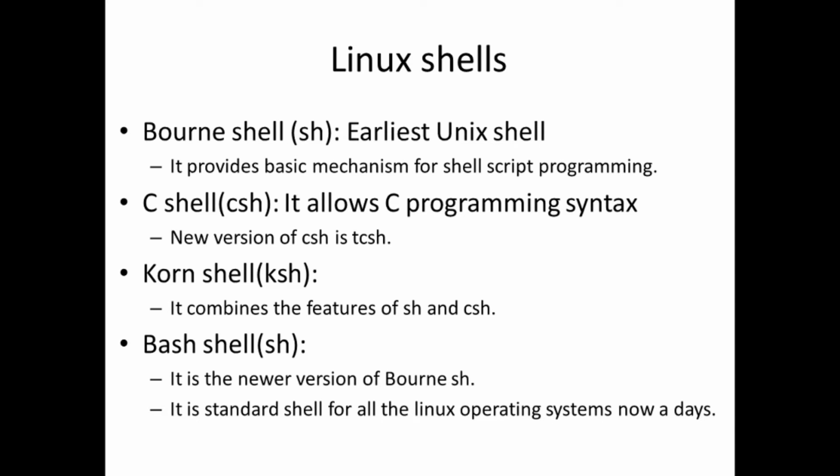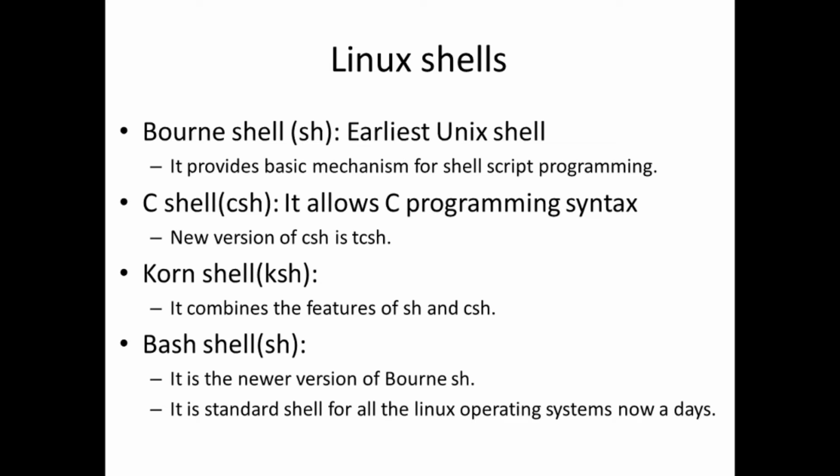Remember, it is the standard shell for all the Linux operating systems nowadays. So whatever Linux operating system we are using, whether it is Red Hat or Ubuntu or Debian, in all these operating systems, BSH shell is the most popular, or you can say the standard shell.